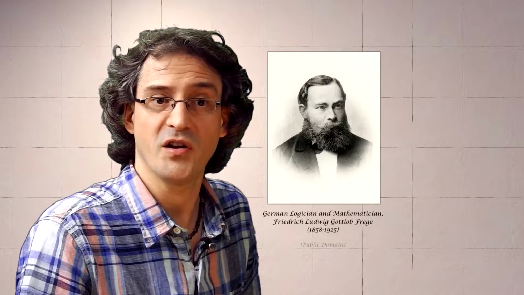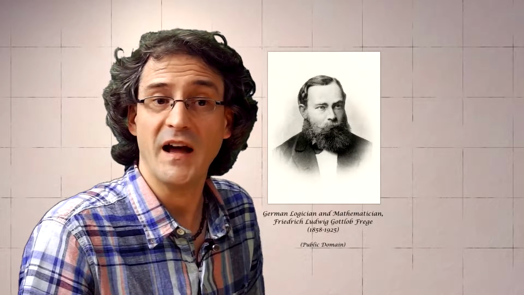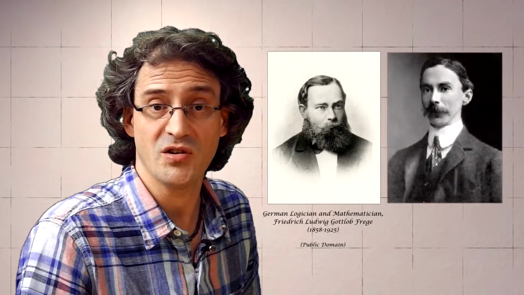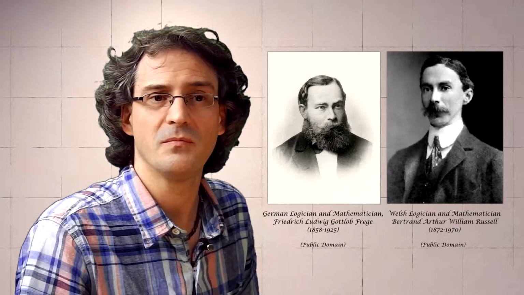However, the accepted standard of the foundations of mathematics is that of logicism. It was formally introduced by German logician and mathematician Friedrich Ludwig Gottlob Frege, and Welsh logician and mathematician Bertrand Russell, among others.